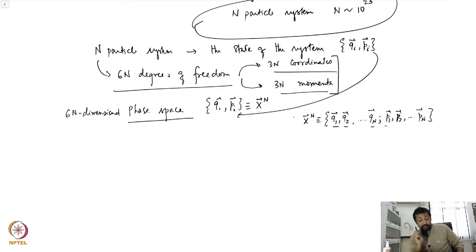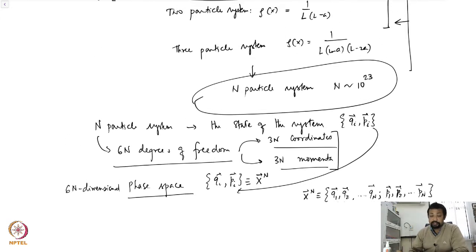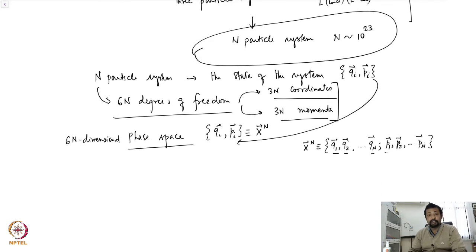However, one has to realize that since this contains so much information, this deterministic picture of keeping track of all the coordinates and the momenta, starting from the initial conditions, at all later times is just an impossible task. So what do we say?